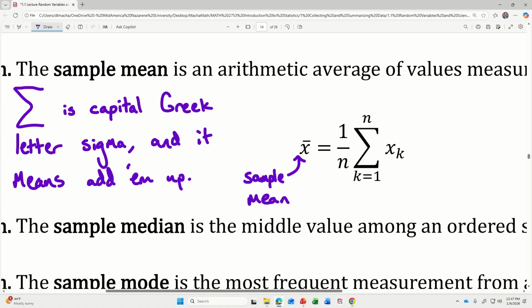So if I draw a little x with a bar over it, I'm saying take the sample mean, take the average when you see the bar. So this formula is saying sum up all of the measurements, all of these x values. When there's a little subscript k, we call this an index.